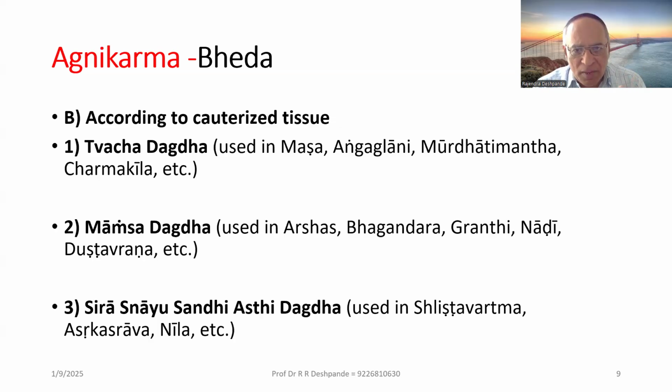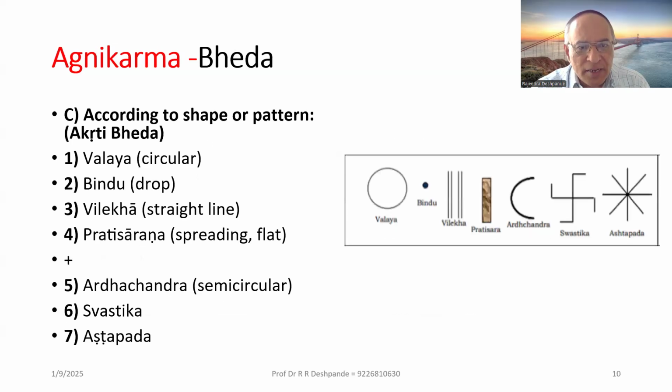These all come under Mamsa Dagdha. Then Sira, Snayu, Sandhi, Asthi Dagdha is used for problems related with blood vessels, muscles, bones and bony joints.